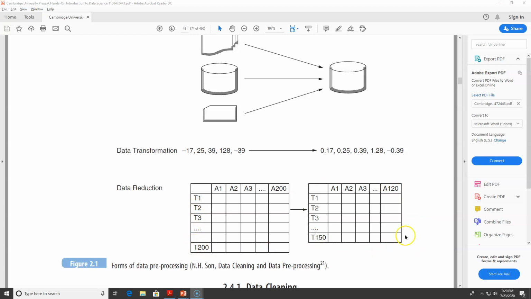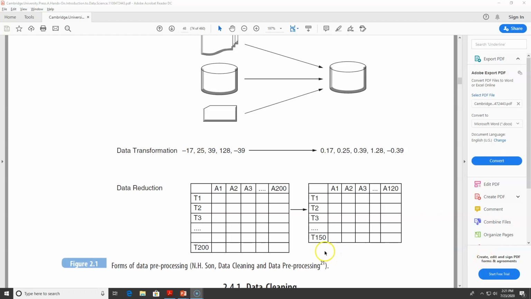But here I will be focusing more on the column reduction. After transformation only 120 features or columns will remain, and 80 are discarded from the data, so it reduces from 200 dimensions to 120 dimensions. So this is dimension reduction.